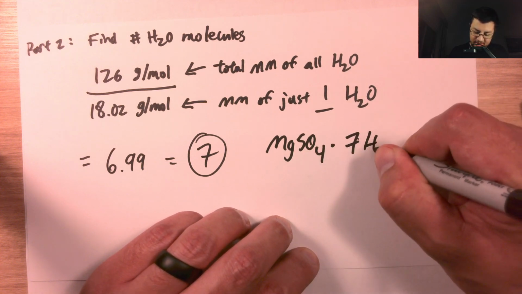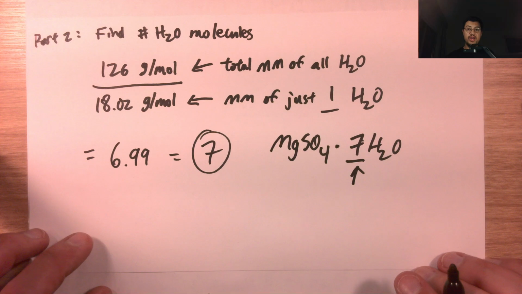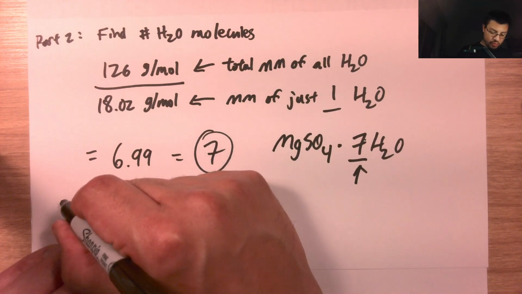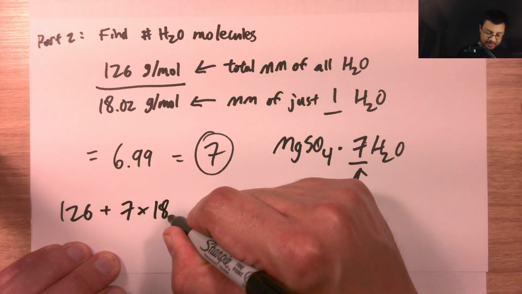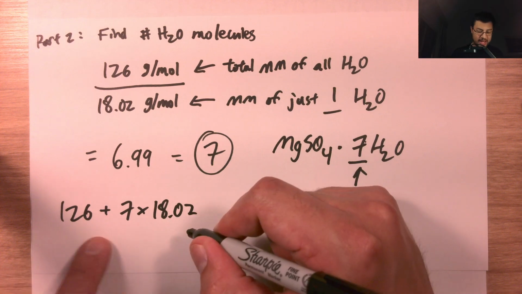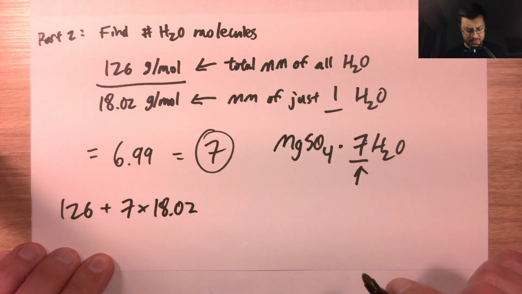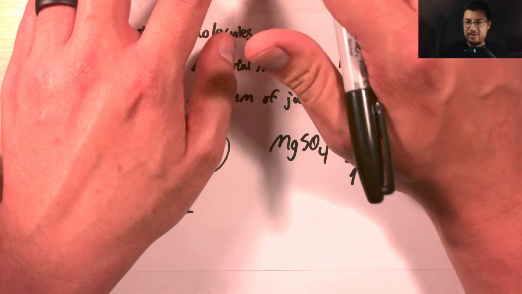I think Canvas just wants you to write down that sort of number. A way you can guess and check your work is 126 plus 7 times 18.02. That's 1 water, and that's the not water part. Not 126. Hang on, I lost my train of thought. Pause.